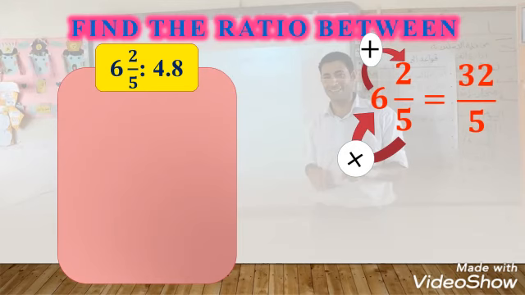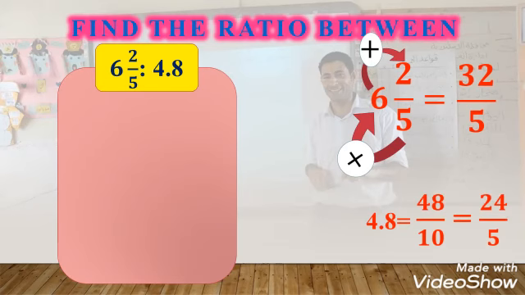Then the result will be 32 over 5. So here we converted the mixed number to a fraction. Also for 4.8, we will convert it to a fraction. 4.8 equals 48 over 10 equals 24 over 5.